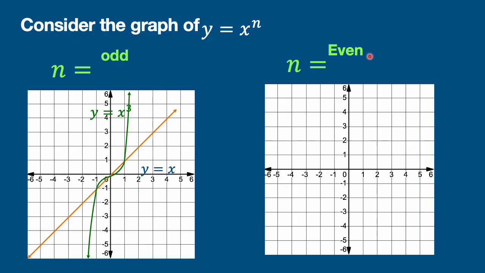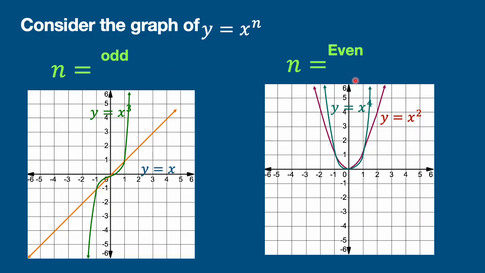When n is even, I sketch x squared. The power is 2. Guys, remember the parent function of the quadratic function, y equals x squared. Another one is n equals 4, where the degree is even. That's getting close to the y-axis: y equals x to the 4th. Can you see the difference?